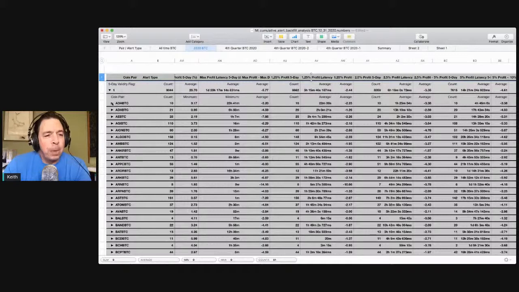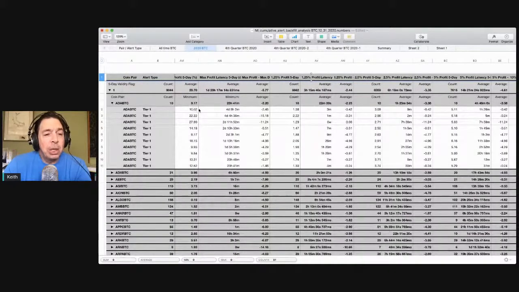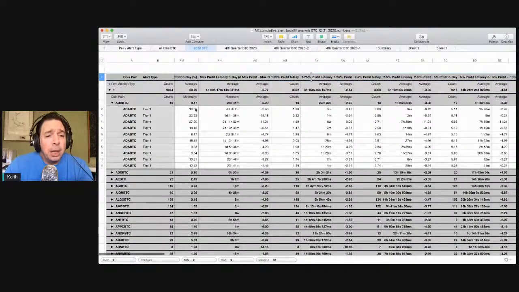So, for example, ADA BTC had 10 trades, and the cumulative average out of all of them was about 20%. So through the entire segment of 9,000 some odd trades, the 5-day profit on each of these signals was 10%, 22%, 27%, et cetera, on down the line.